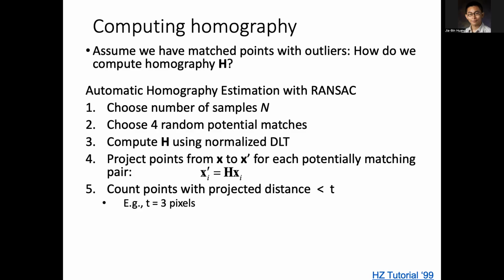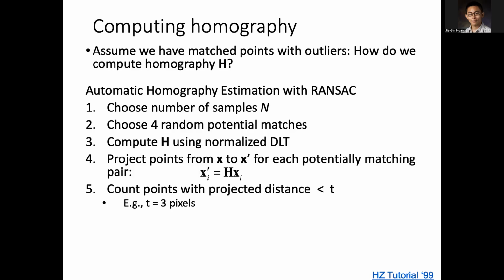You detect thousands of C features, and after correspondence you get 500 of them. 500 pairs, and you only need 4 to estimate a homography. And then you go through all the 500 points in image 1 and compute the mapped points in image 2, and you check how many of the points actually line up with the correspondence.